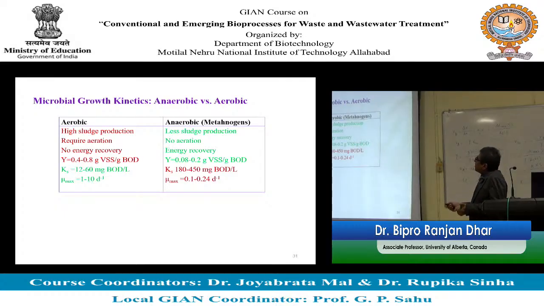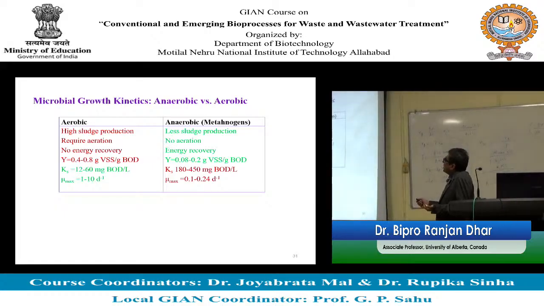So now we learned a little bit more about growth kinetics, right? If I compare aerobic and anaerobic processes side by side, the aerobic process has a high sludge production rate, the anaerobic process has a lower sludge production rate. Aerobic requires aeration, which is a significant operating cost. The anaerobic process doesn't need any aeration.